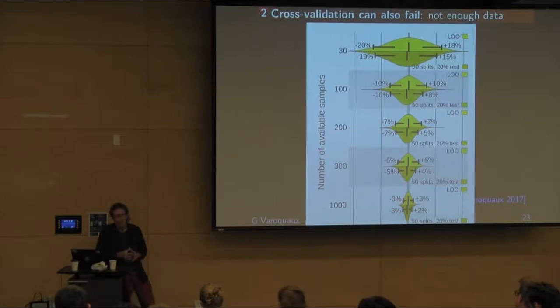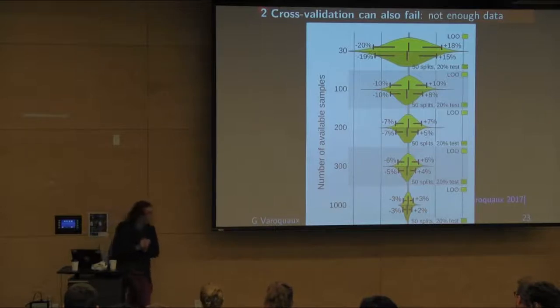The point I'm trying to make is that your typical sample size is 100 or 200. Then the width of the measure you're getting with cross-validation is on the order of, say, 10%.